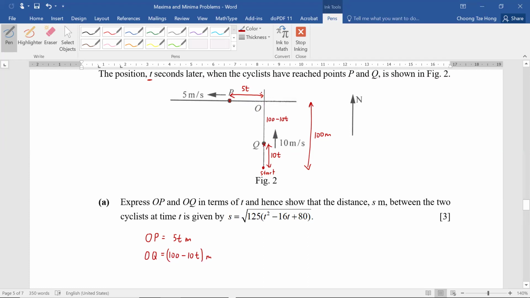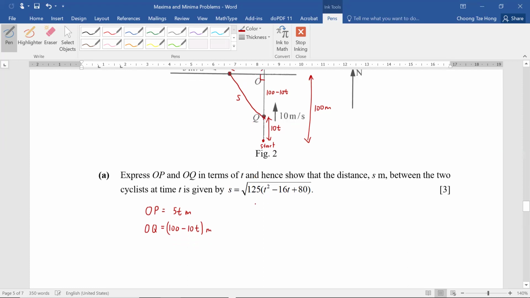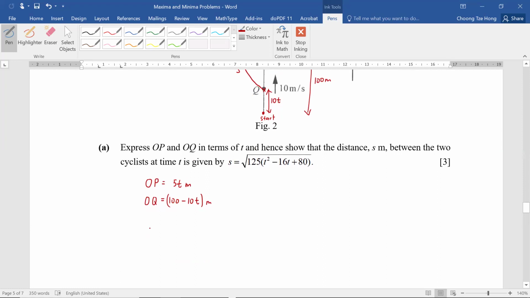So what they want us to find is S, the distance between the two cyclists. If you draw a straight line to join these 2 points together, then we have a right angle triangle. So this is the S that they want us to find. Since we have a right angle triangle, obviously what we're going to use is Pythagoras theorem, and then we should be able to show this. So let's go ahead and do that.